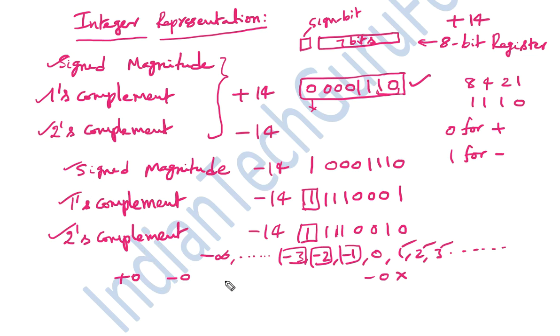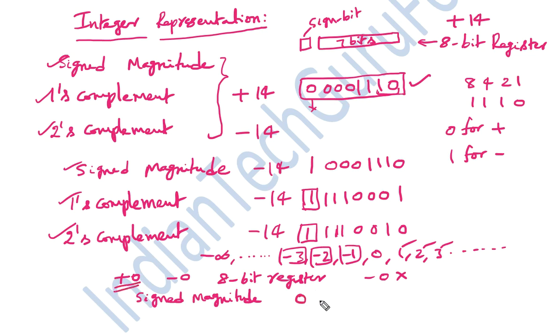For example, consider an 8-bit register. In signed magnitude representation, the sign bit is 0 because we are going to represent plus 0 first.